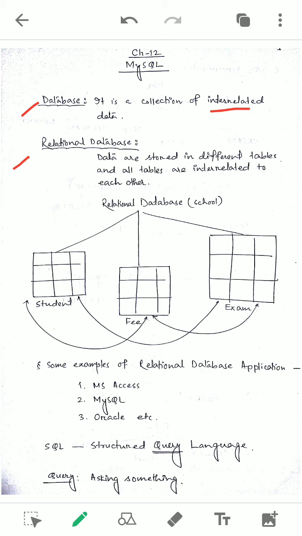How are the tables related? Now see, in this student table all student information is stored. The fee table holds the fee structure: some students may not pay the fee, or whatever students have paid, every update will be stored in the fee table. The exam table also stores your exam results, your exam marks, everything. Now you can ask why the exam is related to fee.